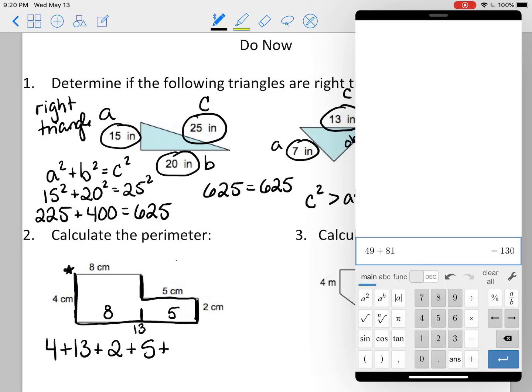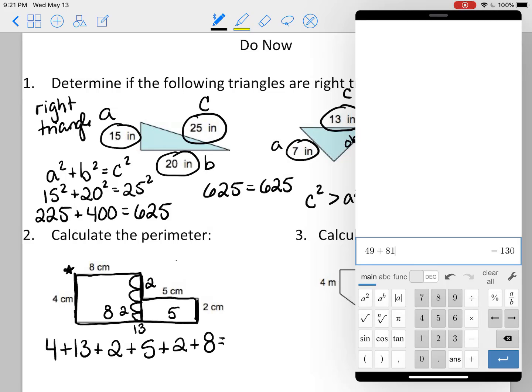Here's another unknown side, but we can use what information is there to figure it out. We know that from the bottom to the top is 4, but we've already gone 2 steps to get there. So we have 2 more steps to go. So this is 2 centimeters. We can add that onto our perimeter. And we end with 8.